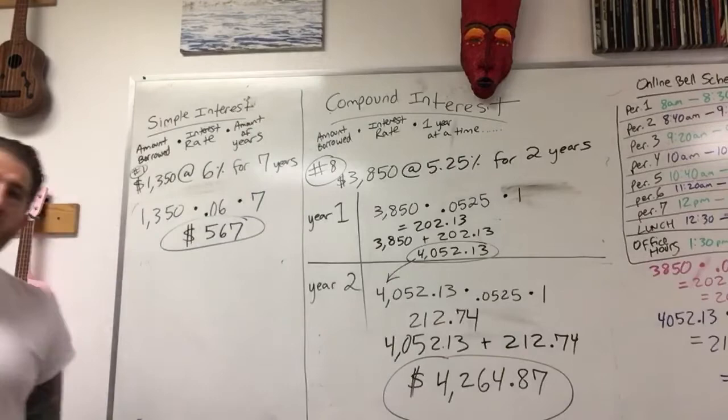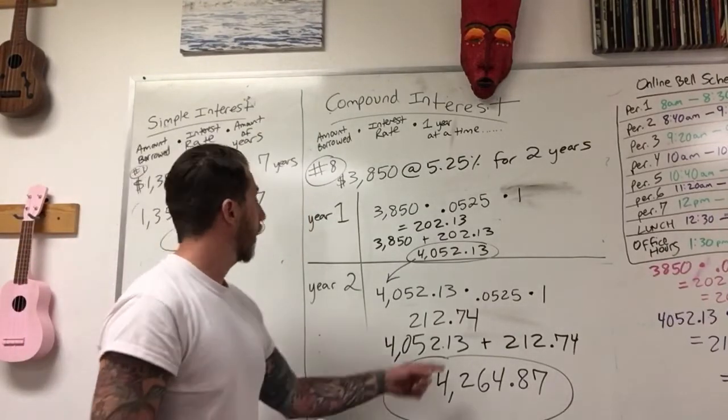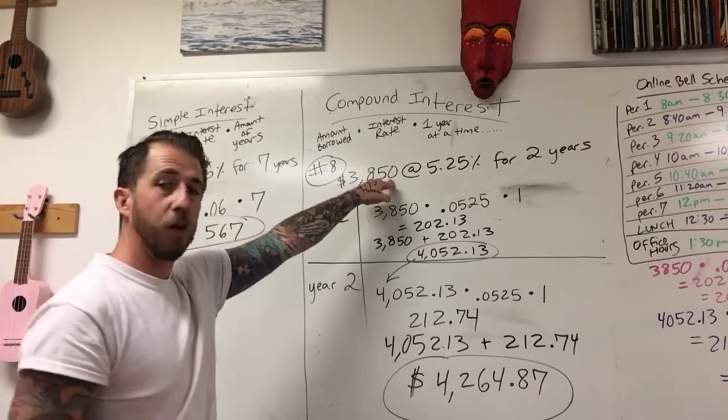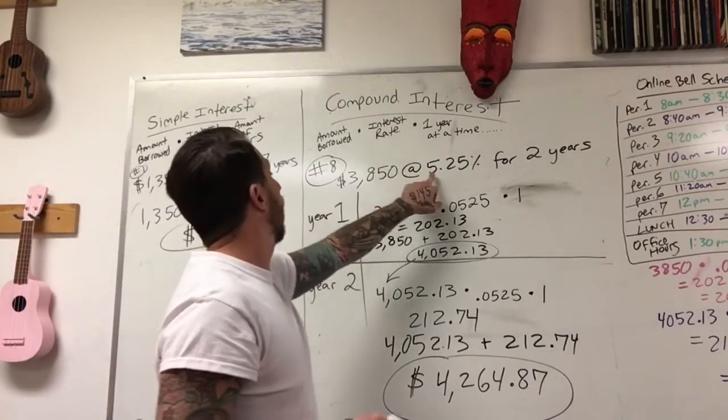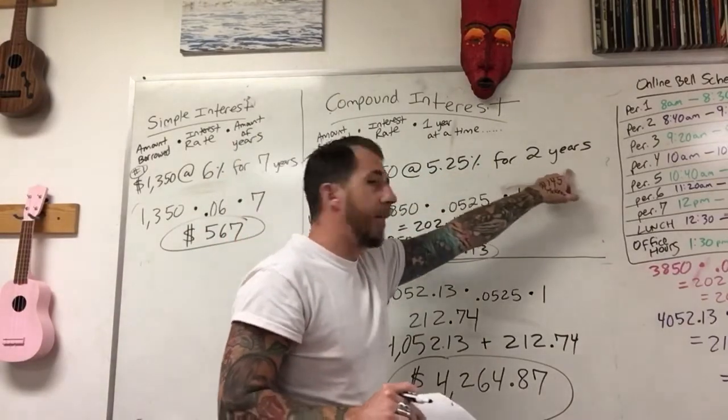And that'll be the total amount of money that we will pay back. So if you check it out, $3,850 was our original amount. That's the interest rate the bank wanted for 2 years.